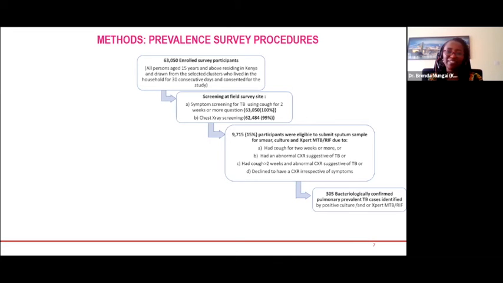once the system was down, those were not offered, but everyone who did not get a chest X-ray screening was also offered sputum. We had to collect sputum from them.